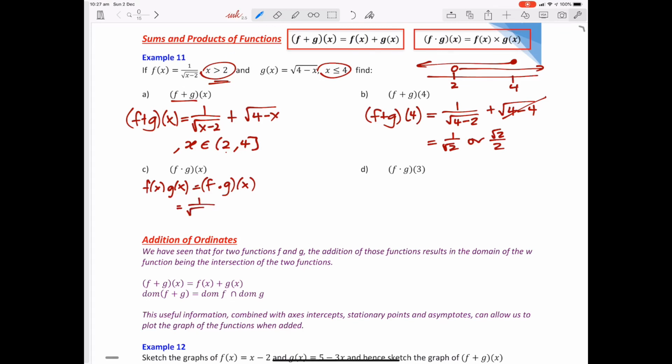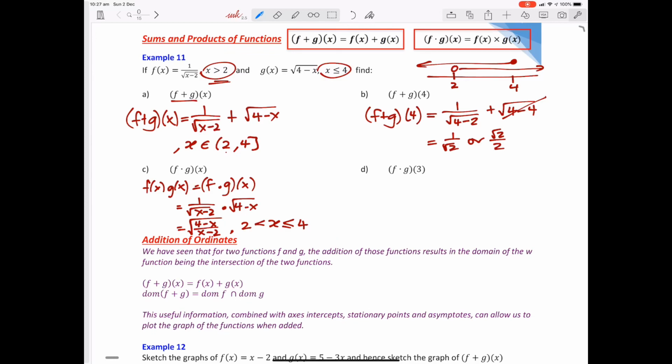So 1 on root x minus 2 times root 4 minus x, and that is root 4 minus x on x minus 2 when I multiply them together. My domain, once again, is 2 is less than x, which is less than or equal to 4.